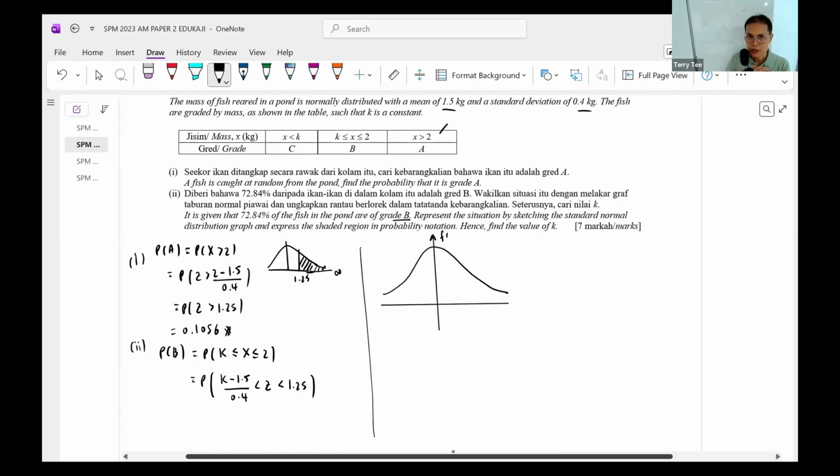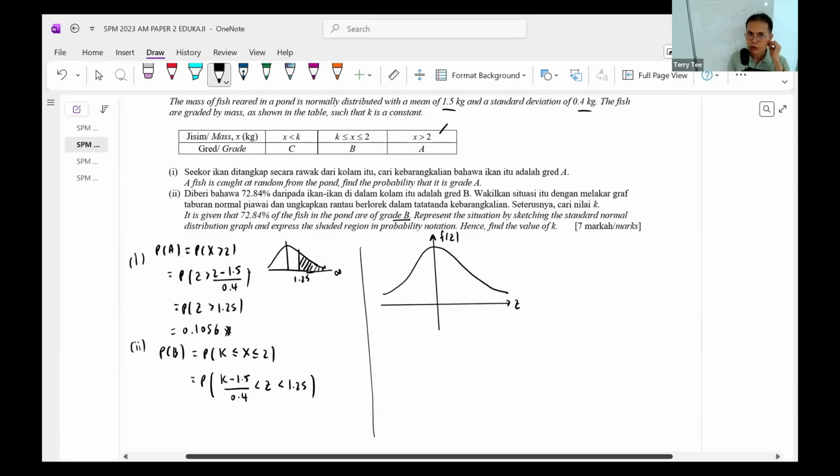This is your FZ. Guys, you need to label, because the question says represent by sketching a standard normal distribution graph. If you don't label your axis, it is not right, because there is a non-standard and standard. Non-standard is FX. Standard is FZ, right? Now where is, they say 72.84.